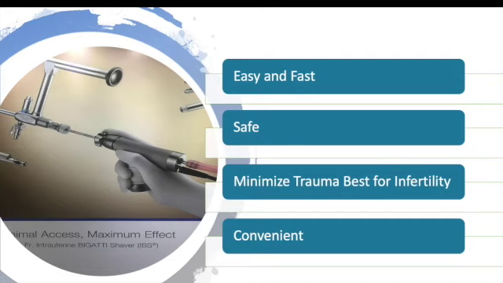Since then, I started thinking why we should not find an alternative method to do operative hysteroscopy, which should be easy for the surgeon, fast in terms of time of the procedure, and much safer for the patient. This was the reason why I started thinking about making an alternative device, which is the present shaver.